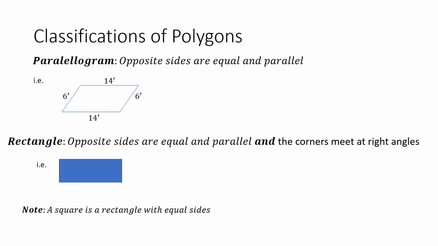It has 2 equal sides, and we have the requirement that we have 4 right angles. And then a square is a rectangle that has all equal sides. So all the sides are going to be equal, and you're going to have 4 90-degree angles. I imagine this is a bit of review for some people, but it's worth going through the formal definitions again.